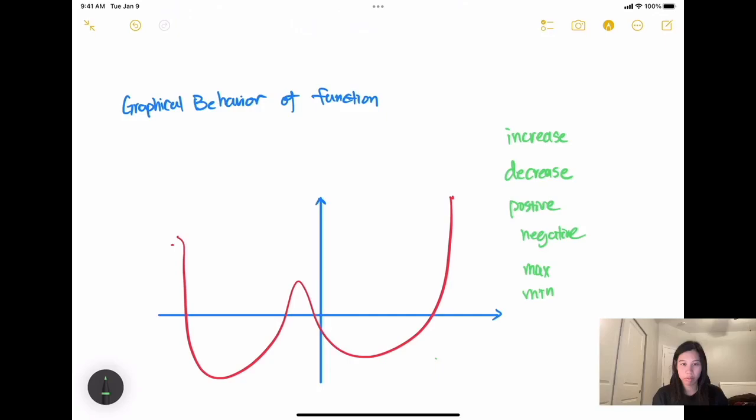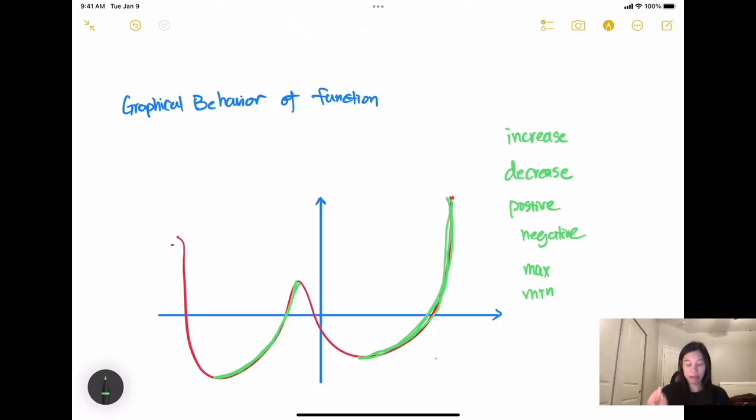When is it increasing? Well, when you look at the function from the left to the right, this part is increasing, right? And also this part is increasing. When they're going up, that's increasing.